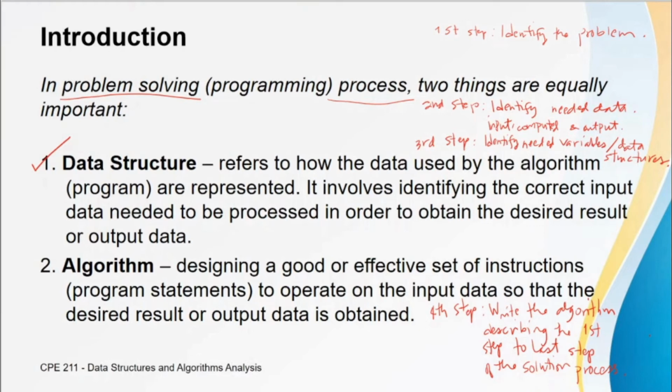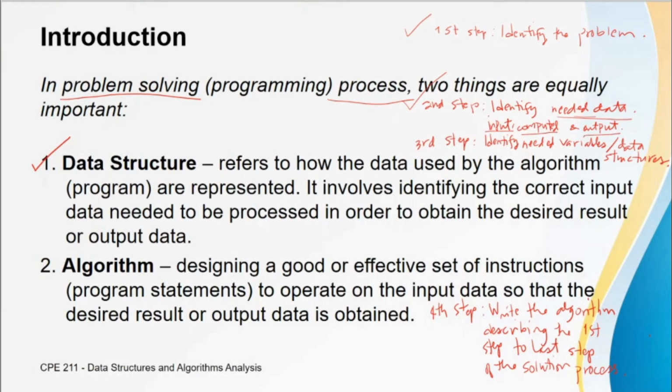And recall that I mentioned a while ago the 4 specific steps programmers do when programming. And these 4 specific steps are: first, identify the problem or clearly understand the problem. Second, identify needed data. And these data are the input data, the computed data, and the output data.